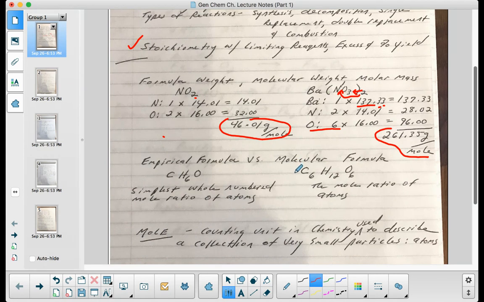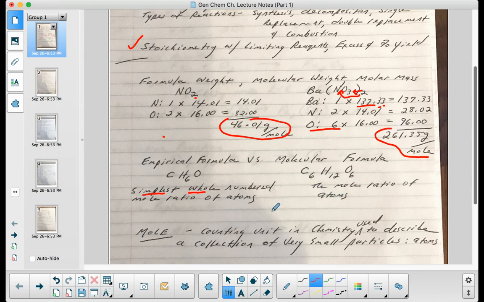Then we're going to look at what is an empirical formula versus a molecular formula. An empirical formula, by definition, is the simplest whole numbered ratio of atoms in the compound. And then the molecular formula is the actual mole ratio of atoms.